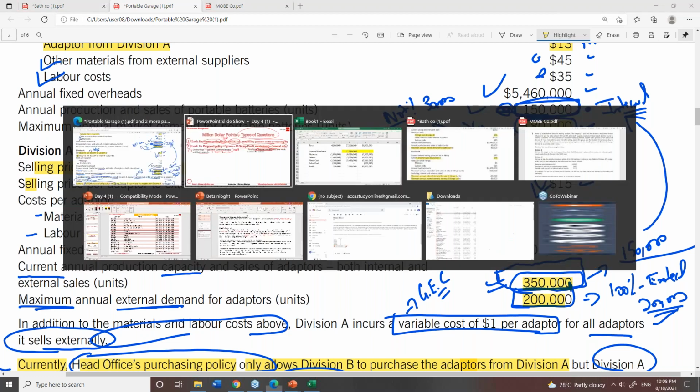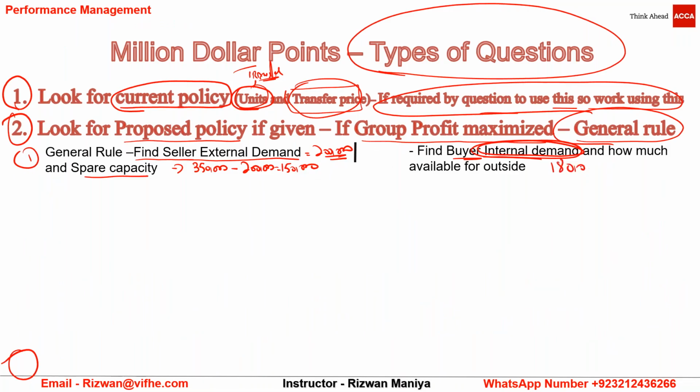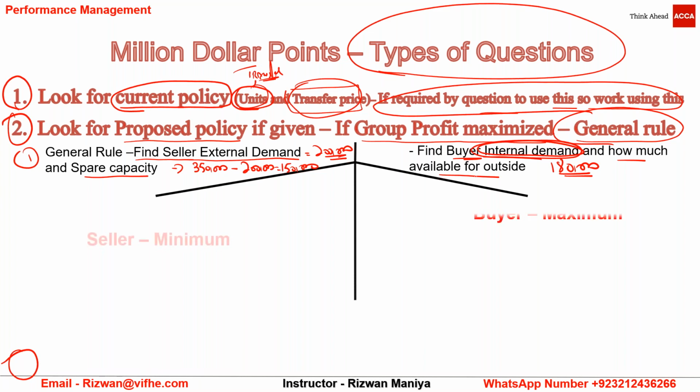So the buyer's internal demand is 180,000, which he can even buy from outside, as it is available from outside as well. Understood? So if you are using a general rule, look at these two things. Keep this in your mind. And once you have done that, just follow my rules.